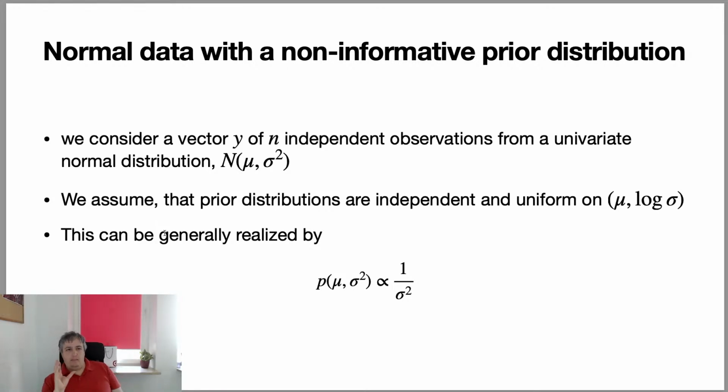With parameters that are representing a general location of our data or general value, the uniform representation is often enough to express our complete ignorance. Because if we have complete ignorance over the mean and sample it uniformly, then there is not a problem.